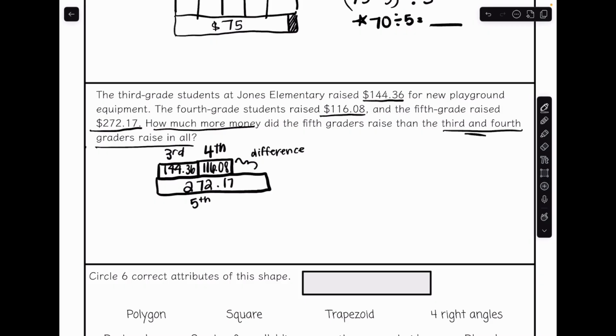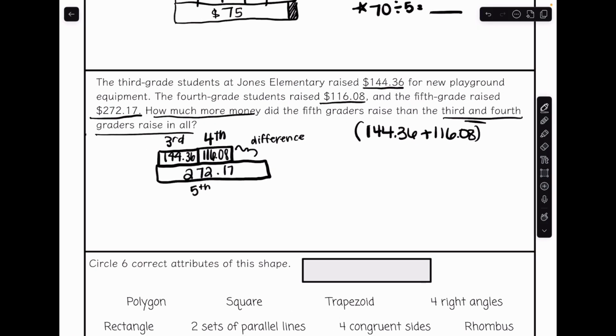So we know fifth grade had to have raised more than third and fourth grade together. So first we have to figure out how much third and fourth grade raised together. And to figure that out, we have to add. And then after we add, we are going to subtract.